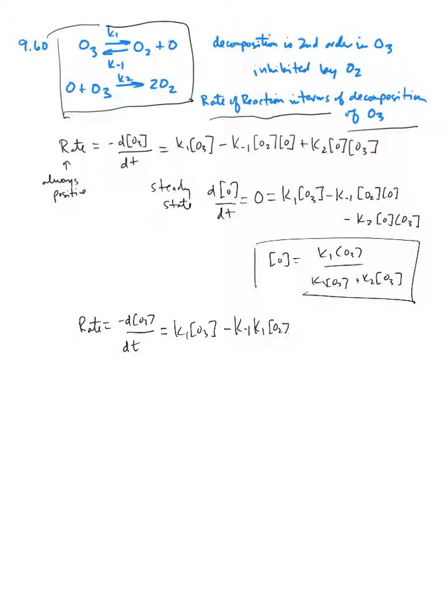I have oxygen and ozone over K, is this a minus 1? Yes, minus 1 times oxygen plus K2 times ozone. And then this term is going to look pretty ugly. Have K1 in there, another ozone, and then the denominator.